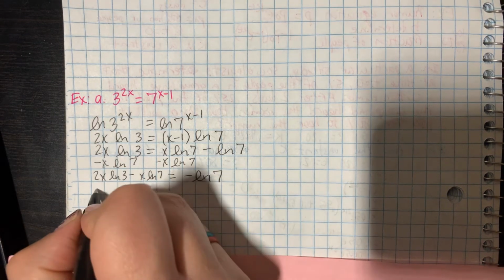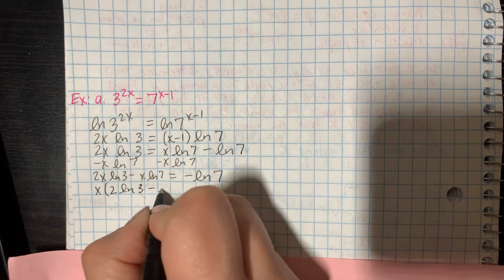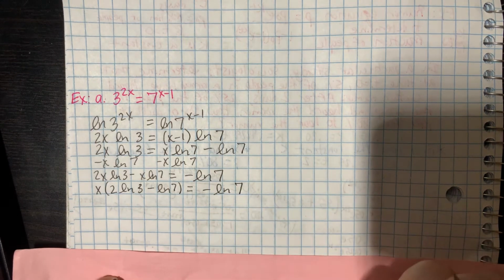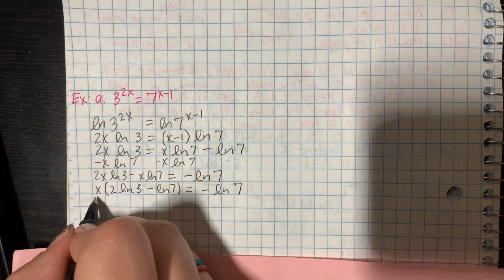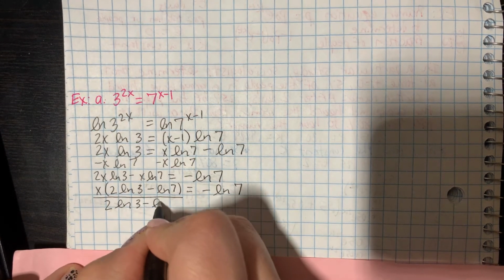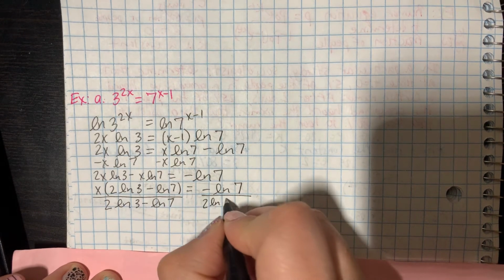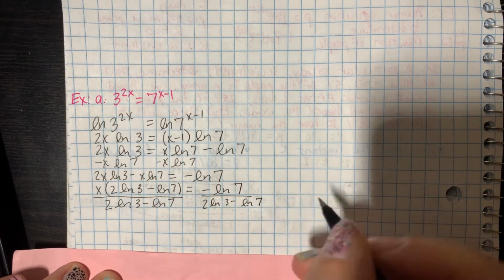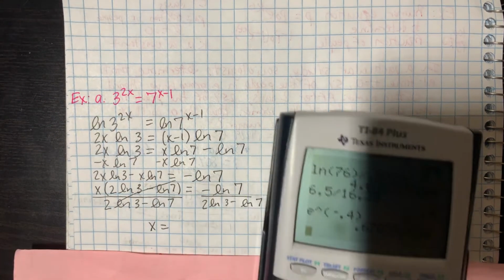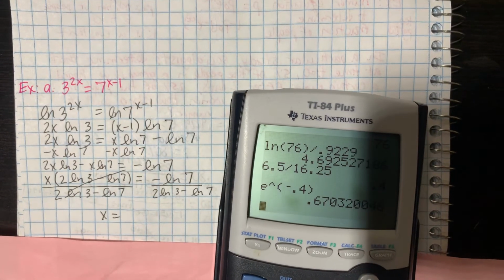Now I need to pull an x out of both of these. So 2 ln of 3 minus ln of 7, get x by itself. Now I'm going to just divide both sides. So x is going to equal whatever I punch into the calculator.